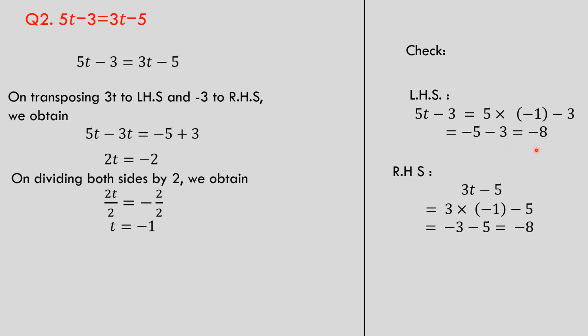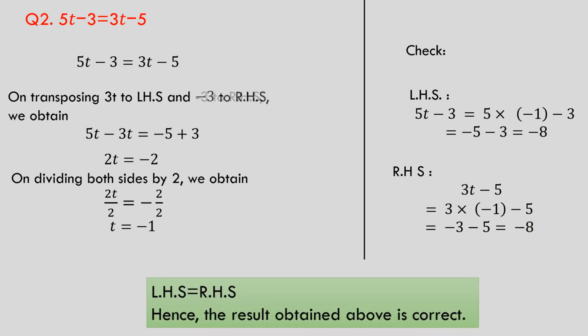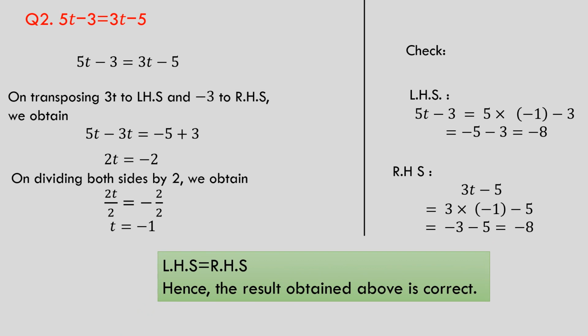And here, right hand side is 3t minus 5. Again, putting the value of t equals minus 1, we get 3 into minus 1 minus 5, which is also minus 8. So, here we can see that our LHS is equal to RHS. Hence, the result is correct.